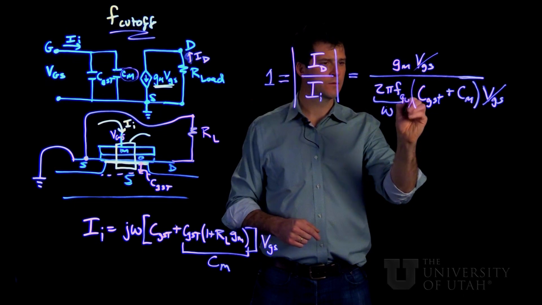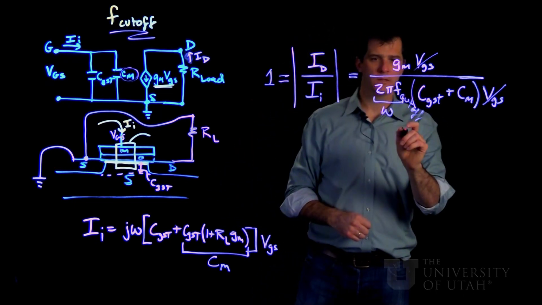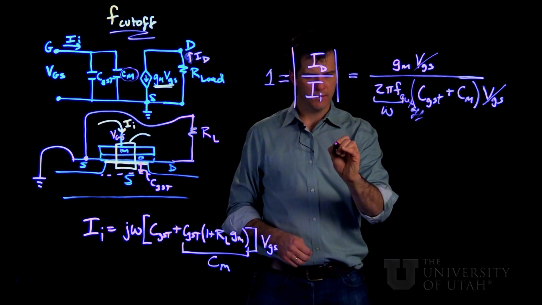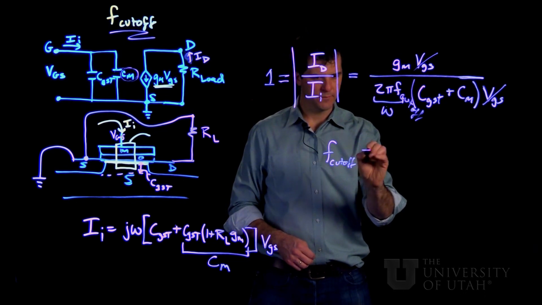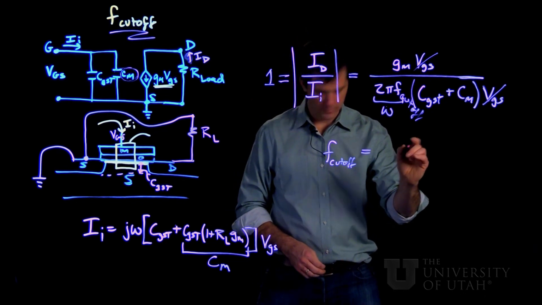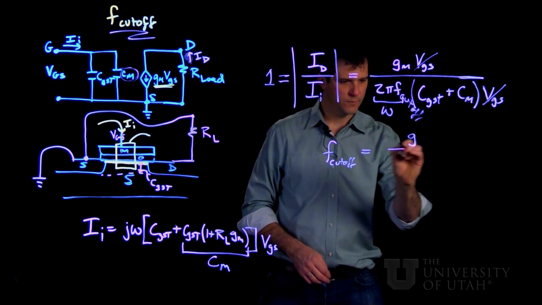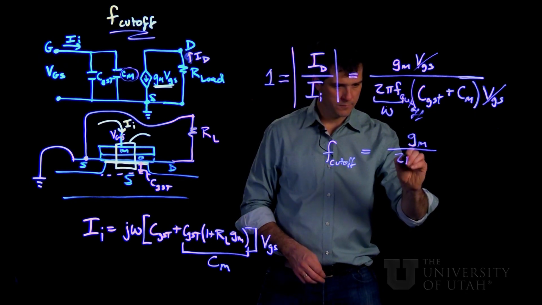So then we can make this substitution, rearrange, and express the cutoff frequency for how fast we can operate this device, and it turns out to be the transconductance over 2 pi.